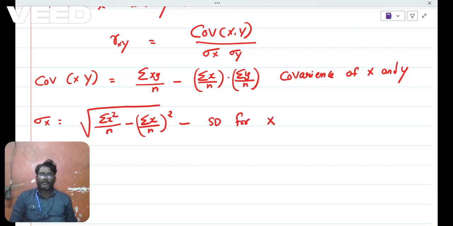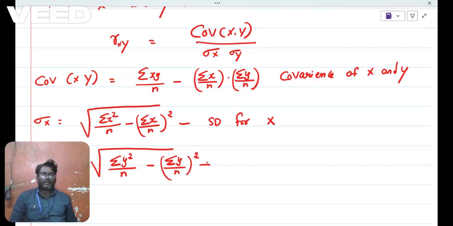Similarly, sigma y is equal to under root of sigma y square divided by n minus sigma y by n the whole square, which is called as standard deviation for y.